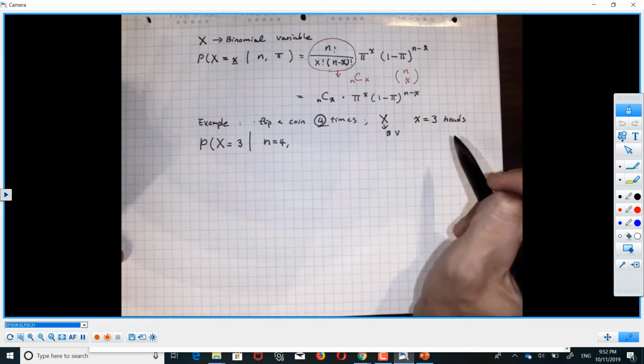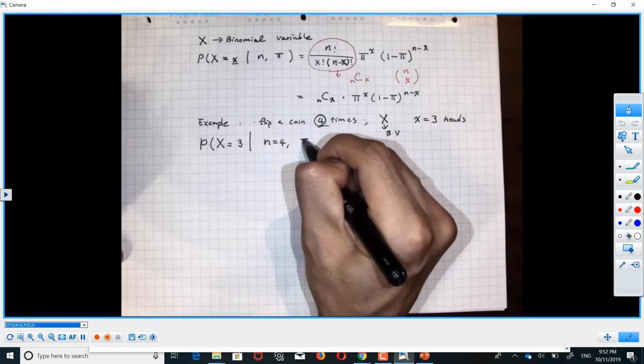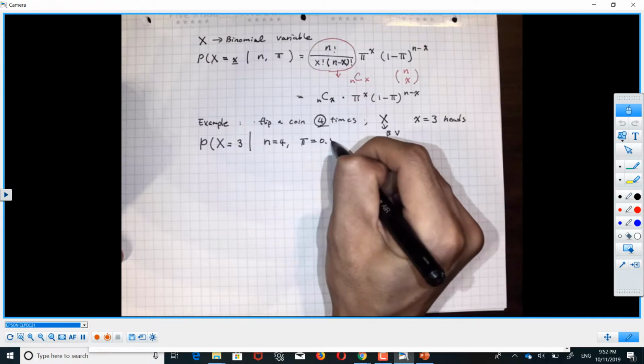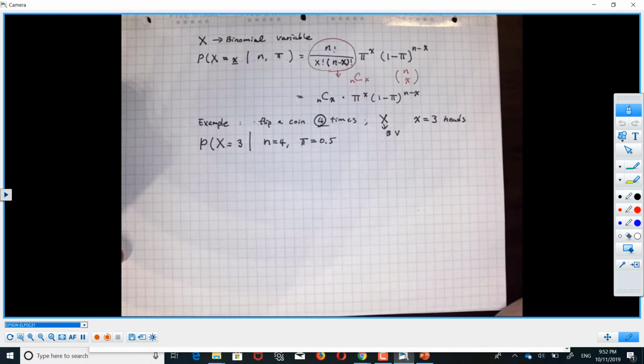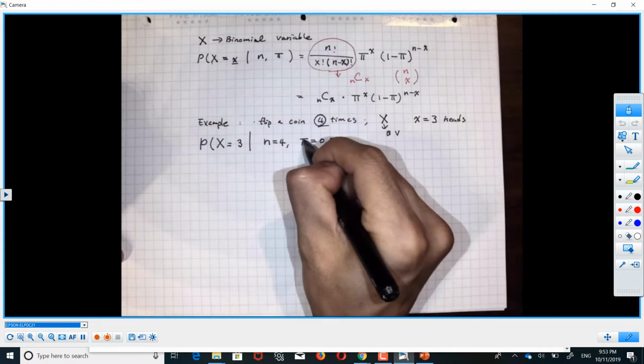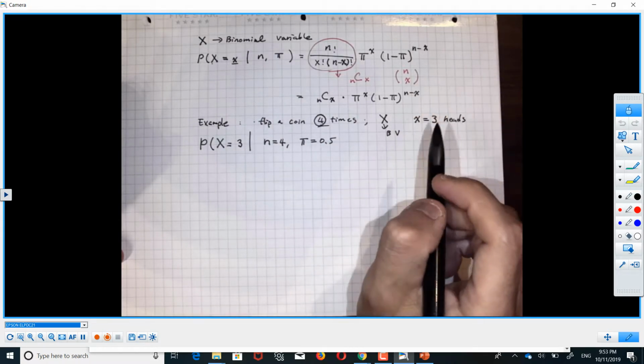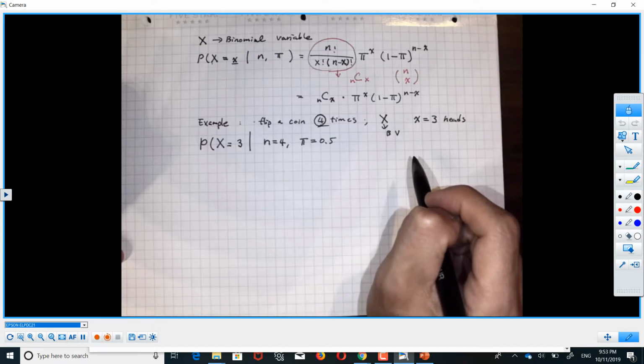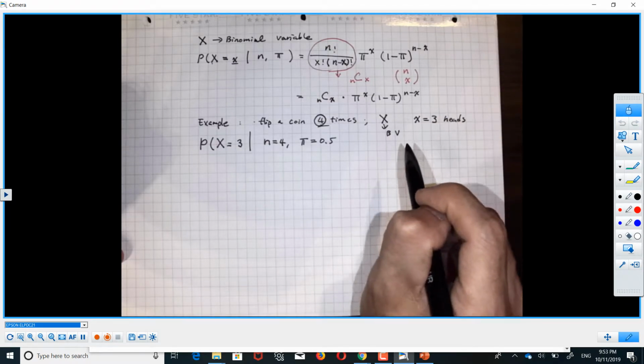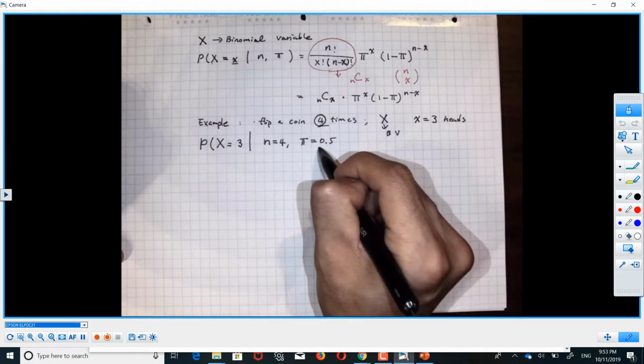So pi, the probability of the event of interest, is half, 0.5, because when you flip a coin, the probability of having a head is 0.5, half.